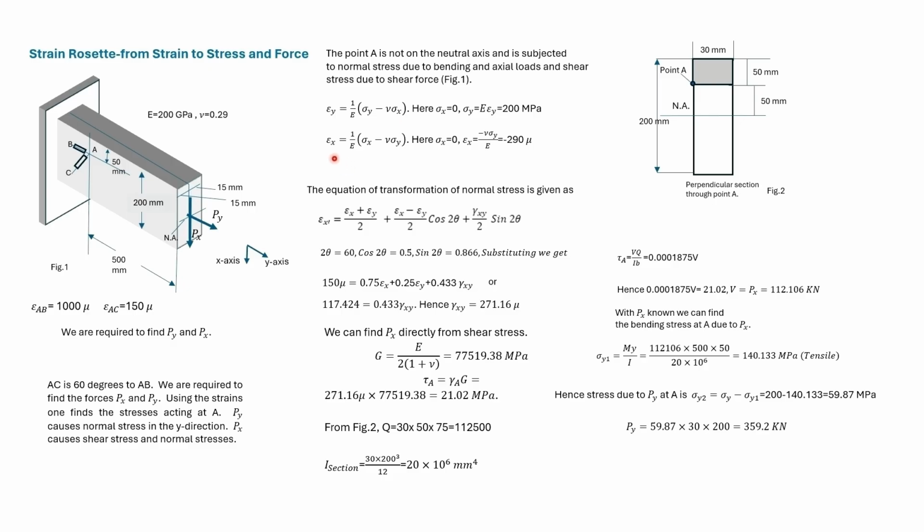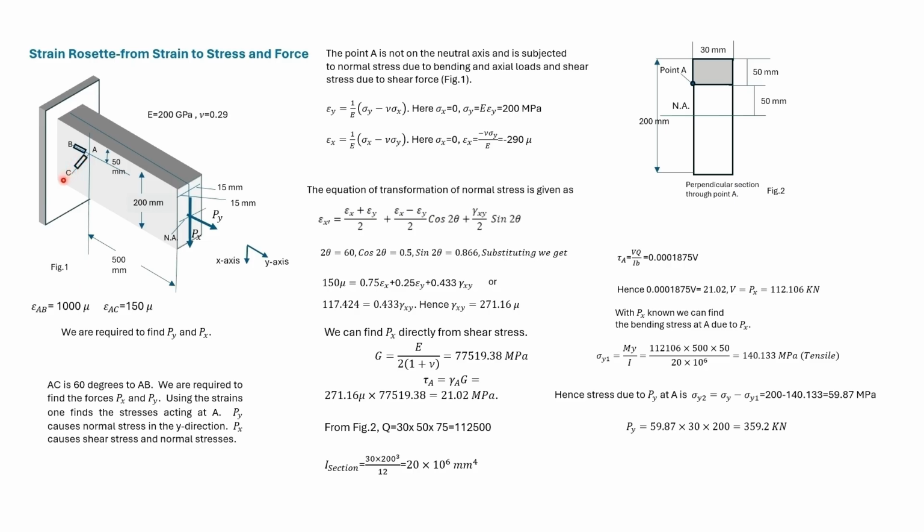Also using this equation, since sigma x is 0, we can obtain epsilon x, which is given as minus nu into sigma y divided by E. We use the equation of transformation of normal stress. This angle BAC is 60.